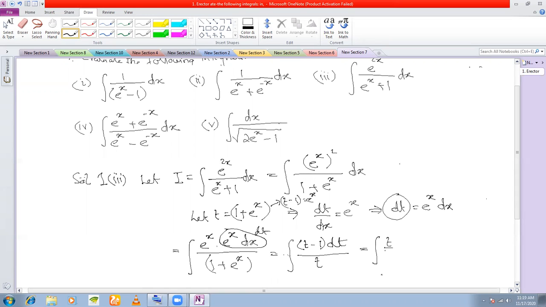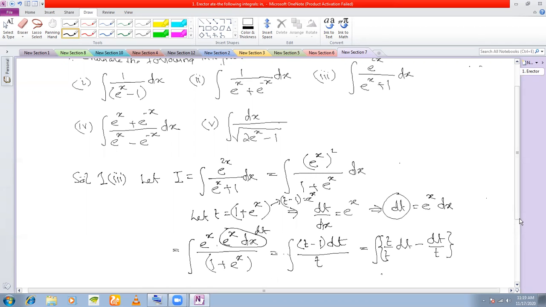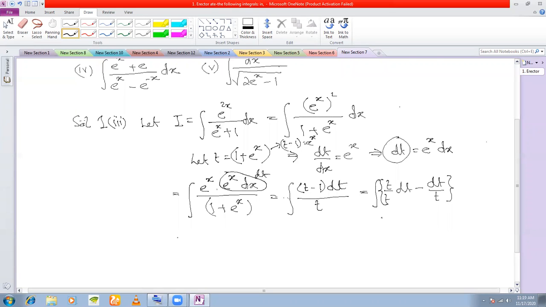So that's it. Now if you separate, you get t by t dt minus dt by t, right? So now you integrate separately. You simply get integration dt minus integration dt by t, which is t minus log t.